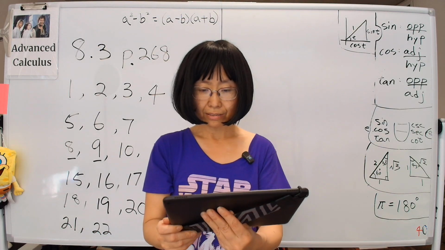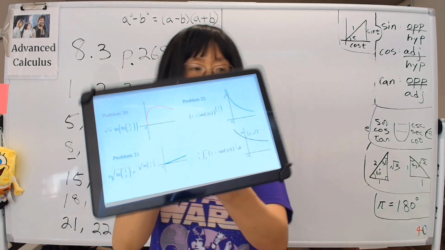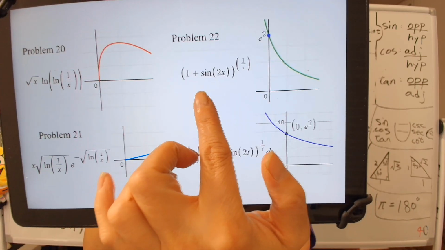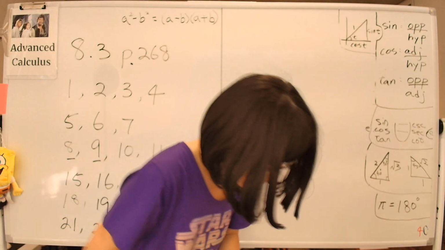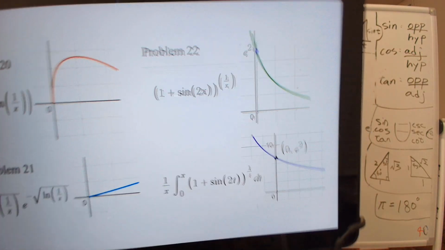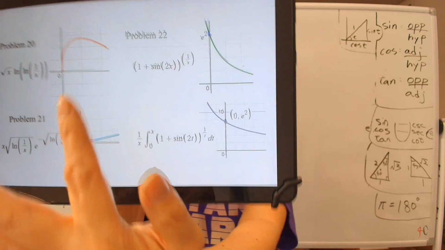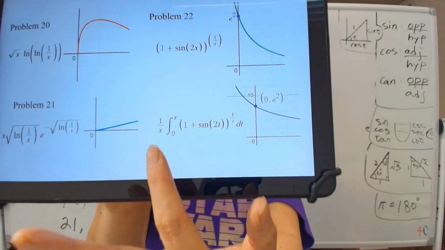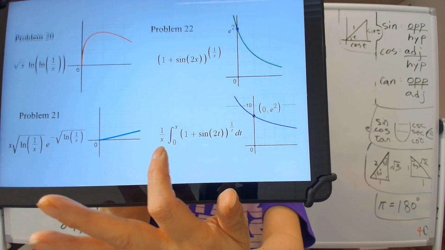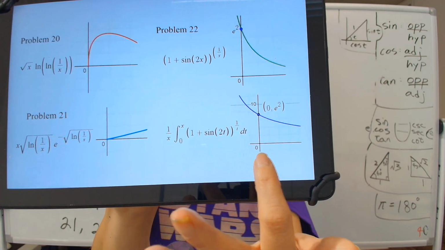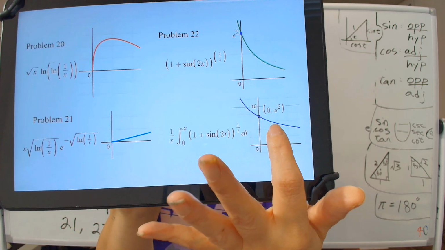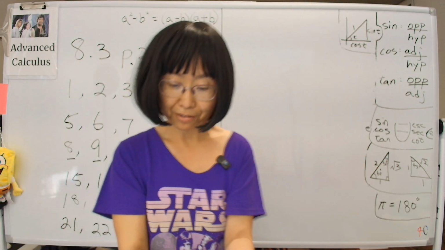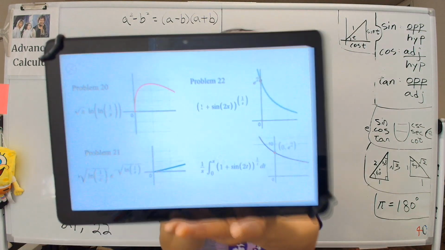I plotted this part of the problem, where the function goes to e squared at 0, and also the actual problem we're doing. This thing converges as x approaches 0, and it also equals e squared. So y equals e squared, and that is our answer. Look at how nice it looks.